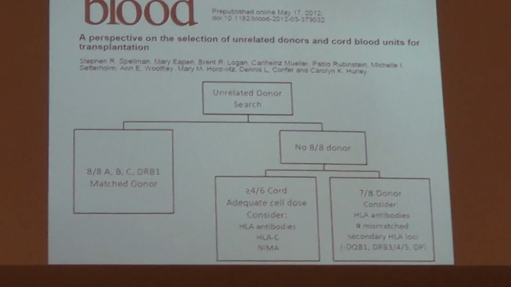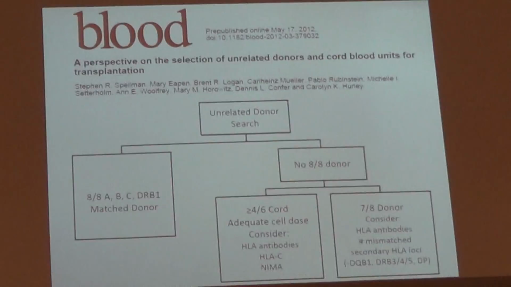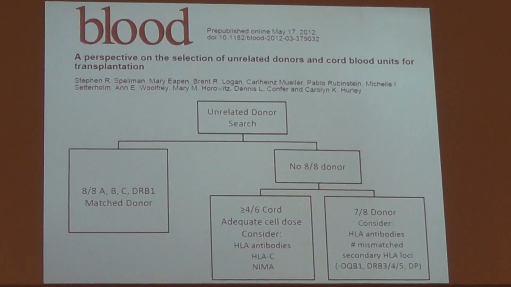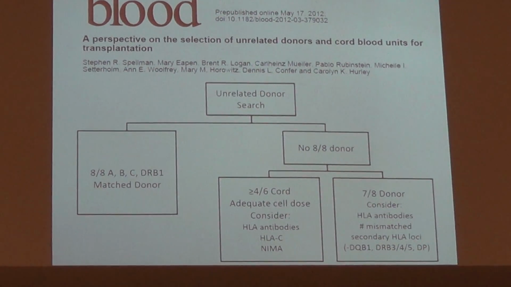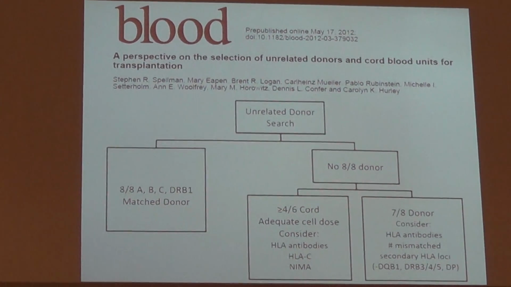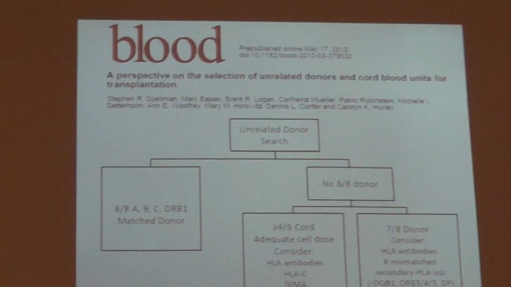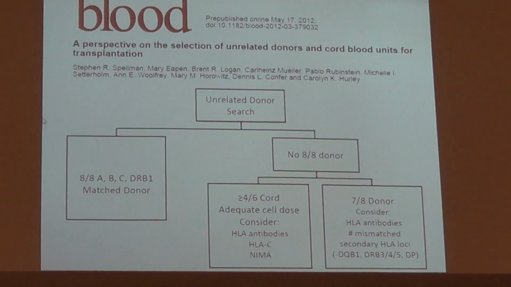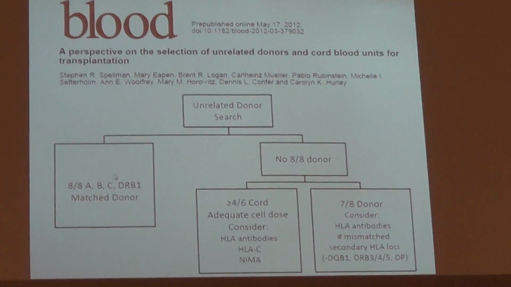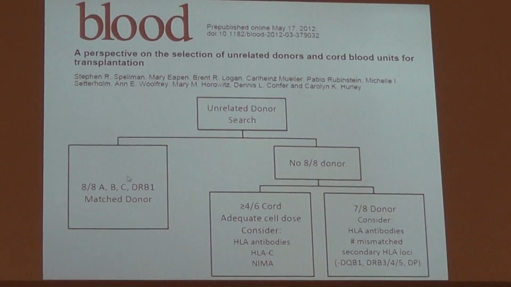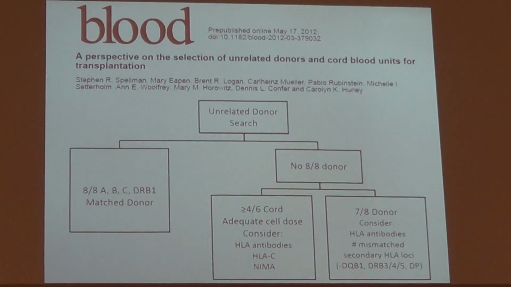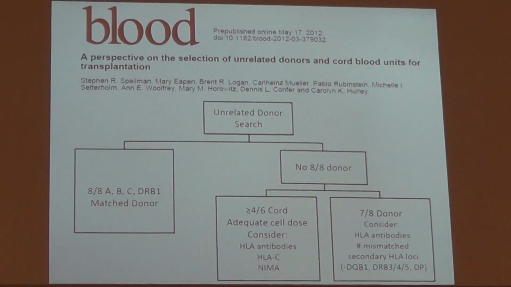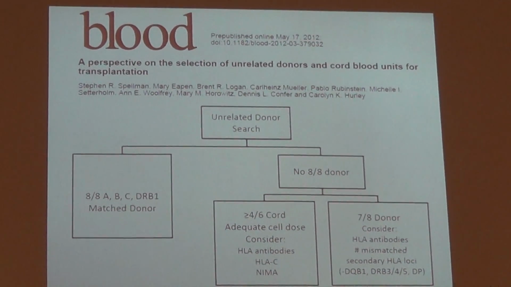So, fixing a little bit the situation in cord transplantation, I just present this paper where the CIBMTR and NMDP presented an algorithm for search, where the recommendation simply is that when you don't find a completely matched donor, or the probability of finding one is very low, you need to think of both strategies, looking at less matched cord as a donor at the same time that you are looking for a related donor.